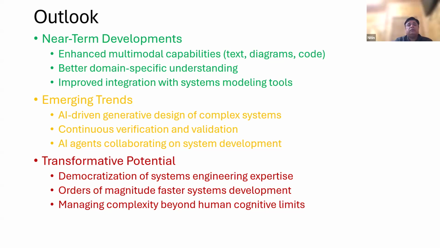Looking a little bit into the future, the next 2 to 3 years, we can see AI agents coming into the picture, and they are going to take over some specific aspects of designing systems, whether it's a requirement review aspect, a customer response aspect, or the automated verification and validation aspect.